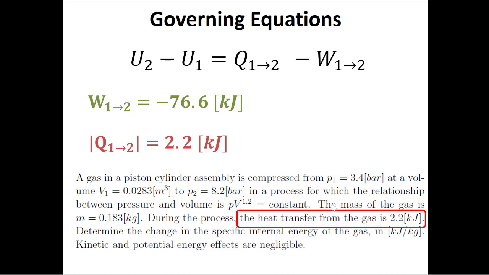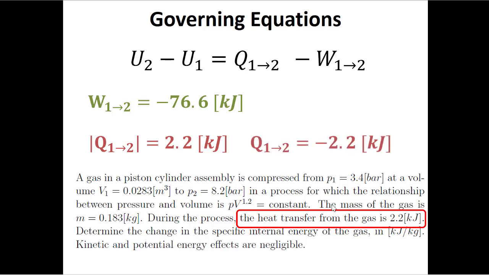The problem tells me that heat transfer from the gas is 2.2 kilojoules. So when I read this, it sounds to me like the gas, which is my system, is losing heat. And I know from my sign convention that heat in is positive. So heat out, which I'm seeing in this case, must be negative.